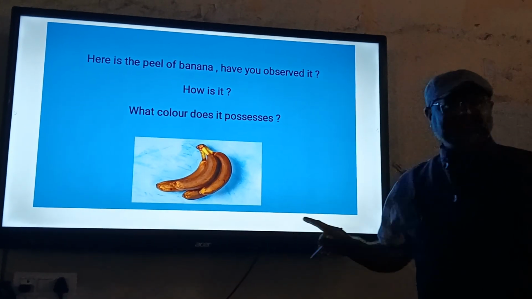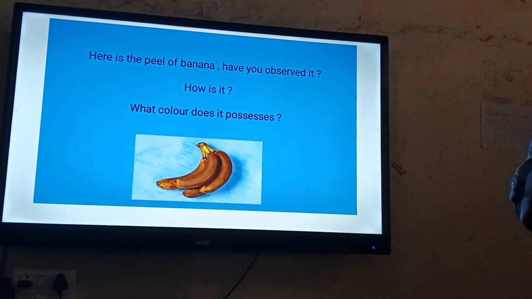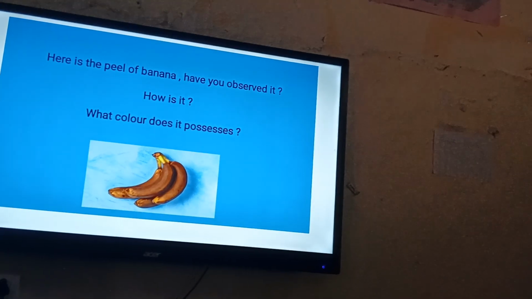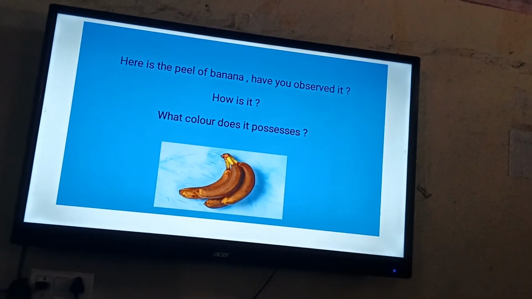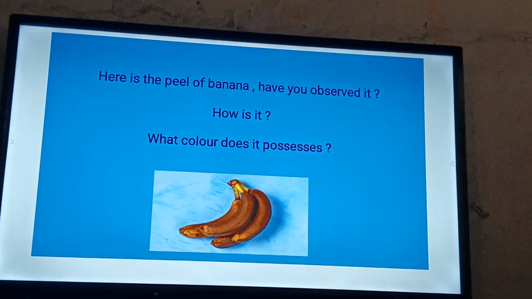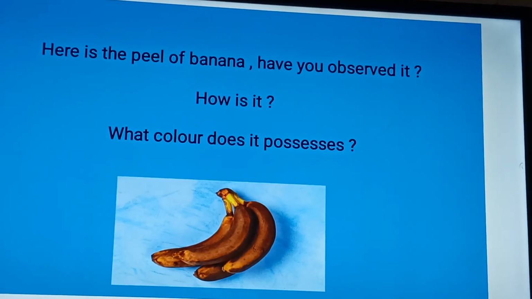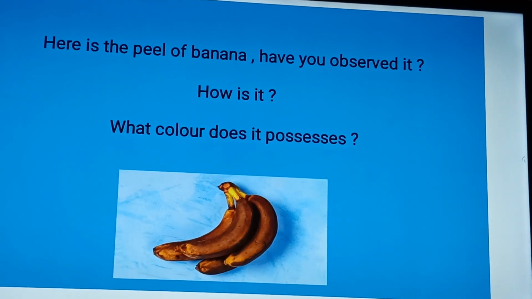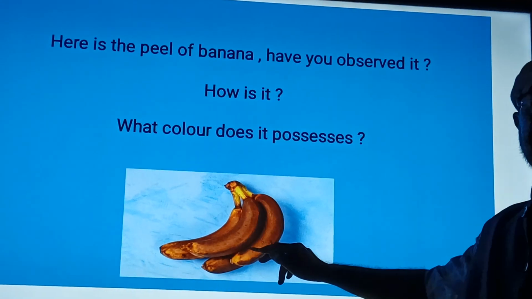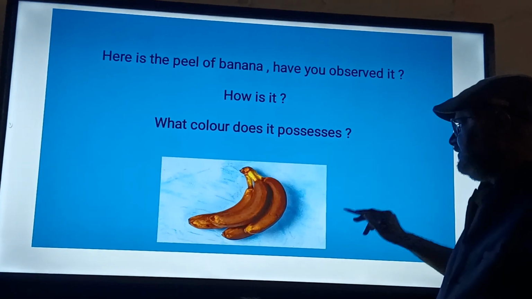When we take a fresh banana, that banana will not be like this. How will be the banana? Yellow in color, isn't it? But after some time, when we preserve it or we ate it and throw it elsewhere, then what happened to the color? It turns into brown. Remember this one.